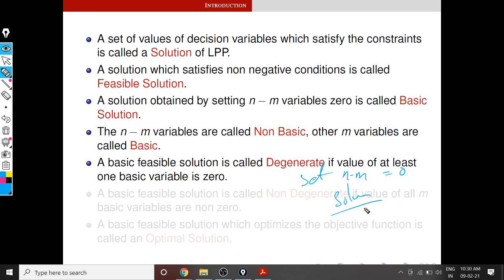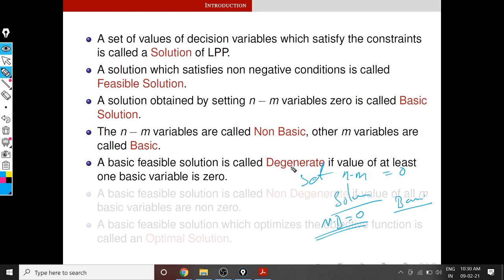We know that already all the non-basics are 0. Then we solve for basic variables. The non-basic ones, the n minus m variables, are already 0. Then we solve for the m basic variables.